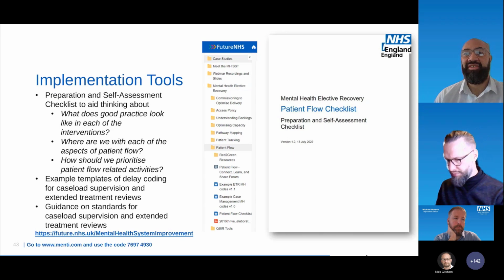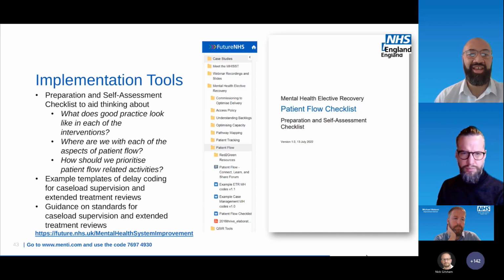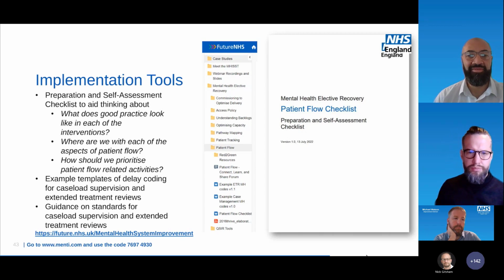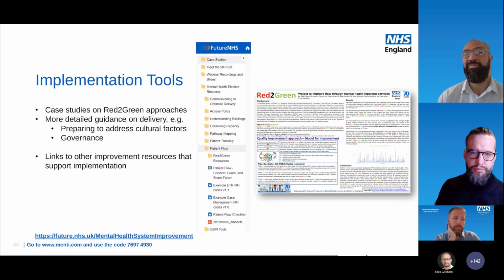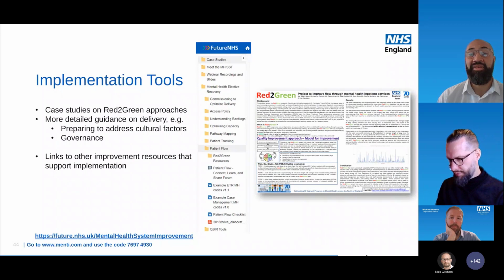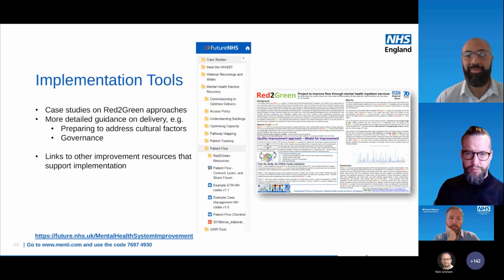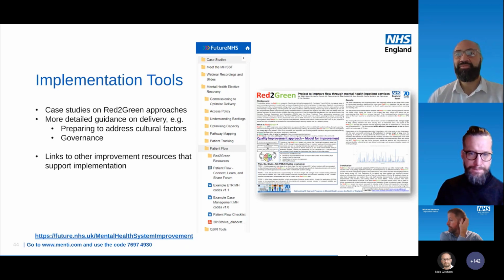We've also got resources around the delay codes that you can see documented there, around extended treatment reviews and the caseload supervision. Those are outlined there and good examples that you could adapt yourself to use. Next slide, please. We also have resources on guidance and examples, just to bear in mind that these are inpatient examples, but they are relevant to community approaches.